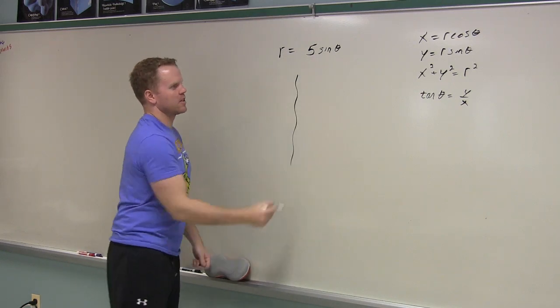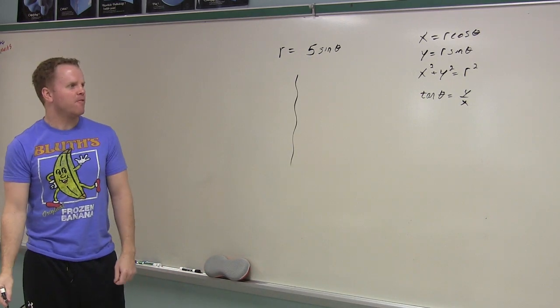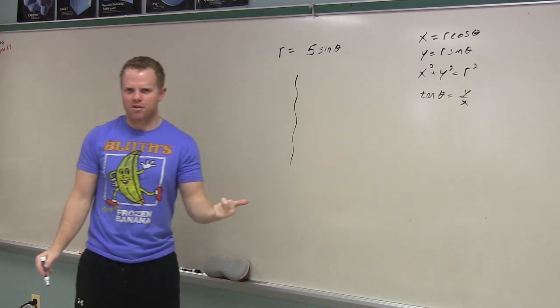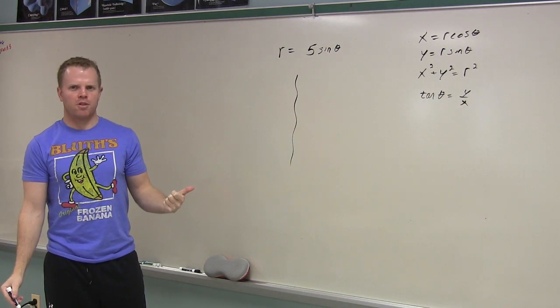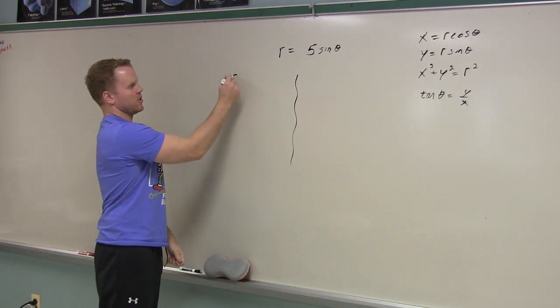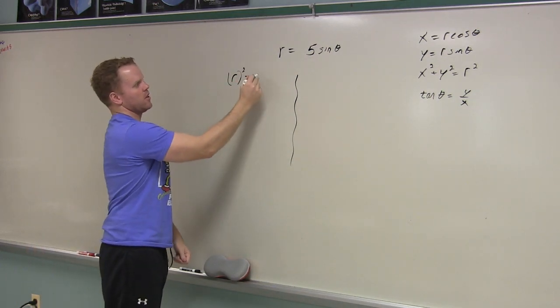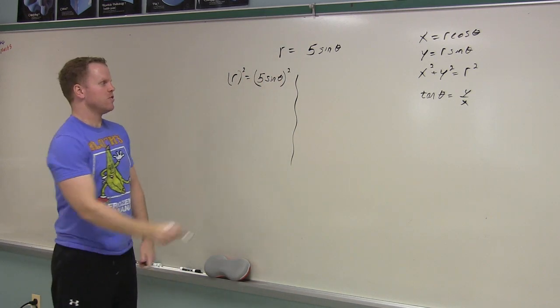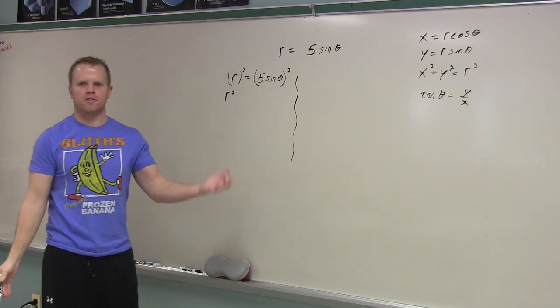So there are 2 things that people like to do here. For me, I know that x squared plus y squared equals r squared, so I like having r squared. So you can create r squared with one of 2 methods. You could actually take both sides and square them. And then you just get r squared, because that was the goal.